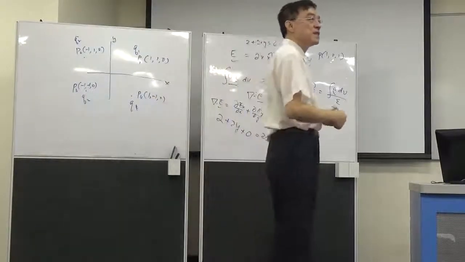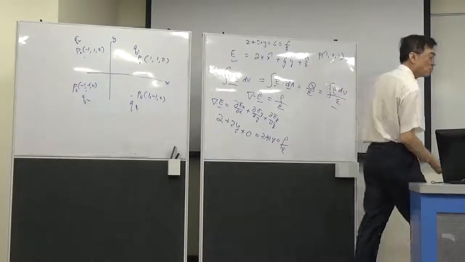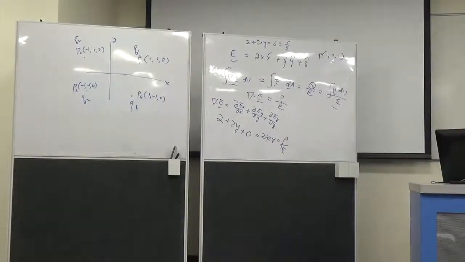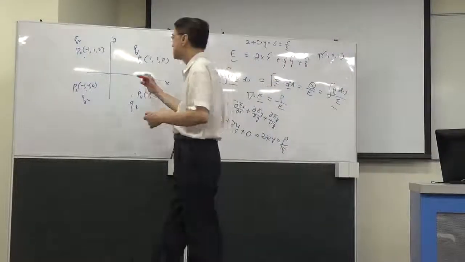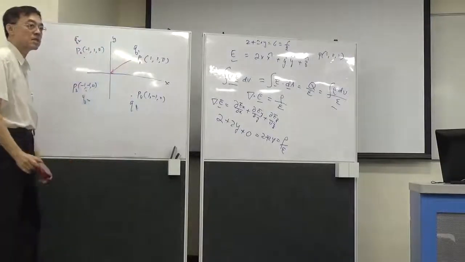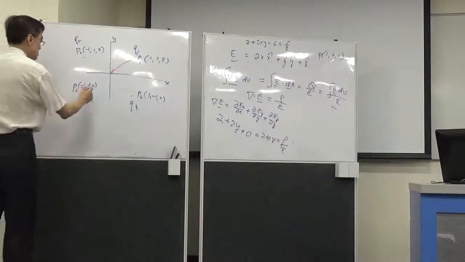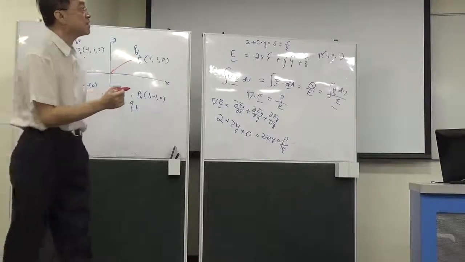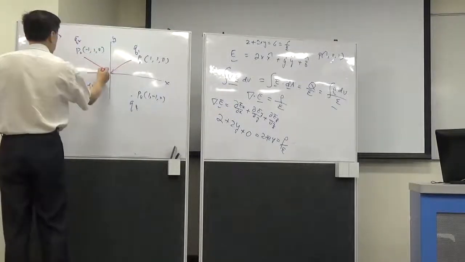Now, what is the electric field at the origin O? Are they all positive charges? No, they are not all positive charges.